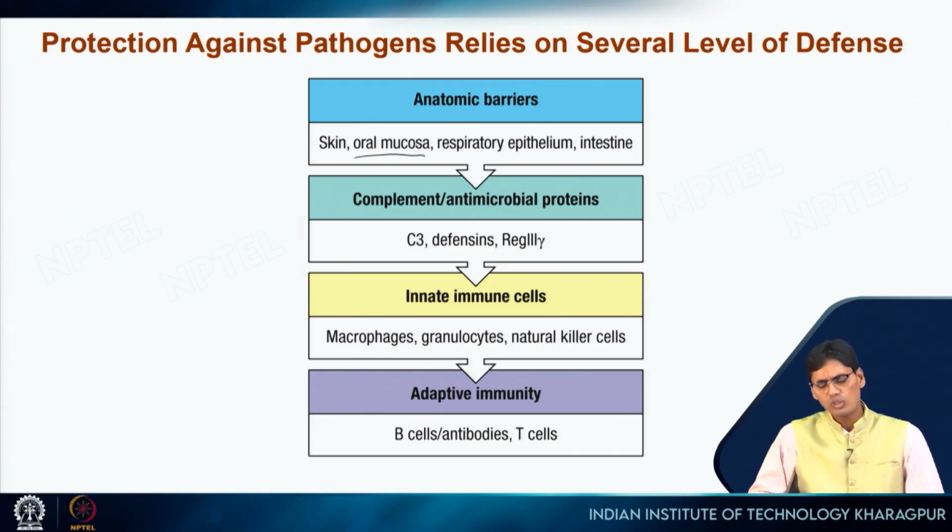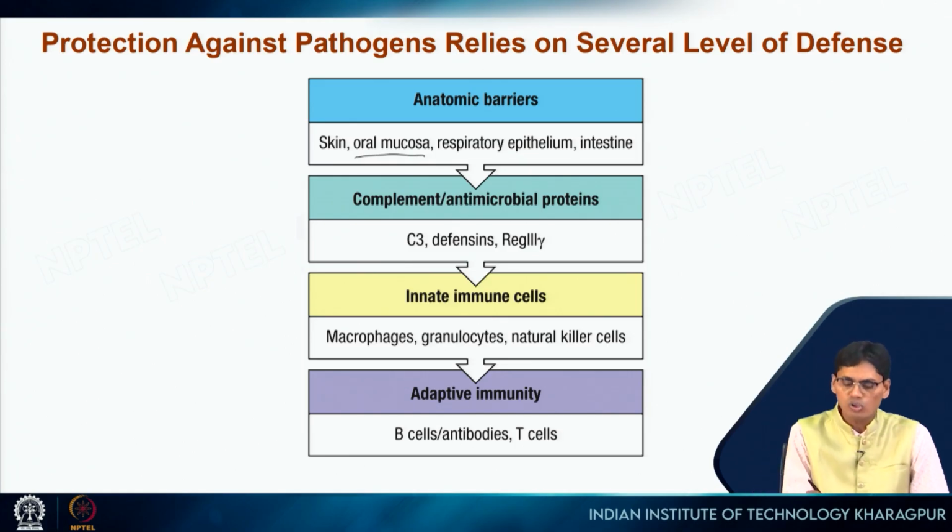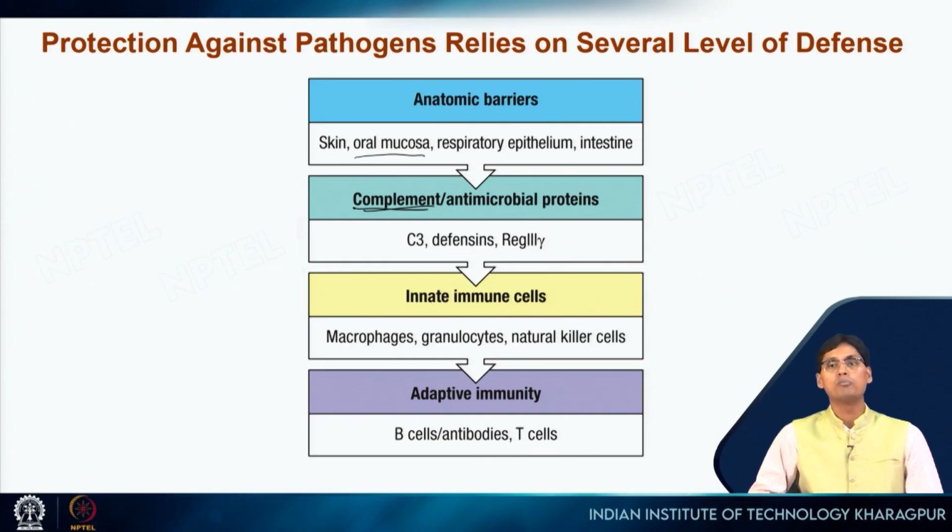Then we have the complement system and antimicrobial proteins. All of you know about antibodies, right? Antibodies are part of our adaptive immune system; I will discuss it later. Complement is also very important. We have around 30 different types of proteins, together called the complement system, and C3 is one of the key complement proteins, playing a very important role in our immune system.